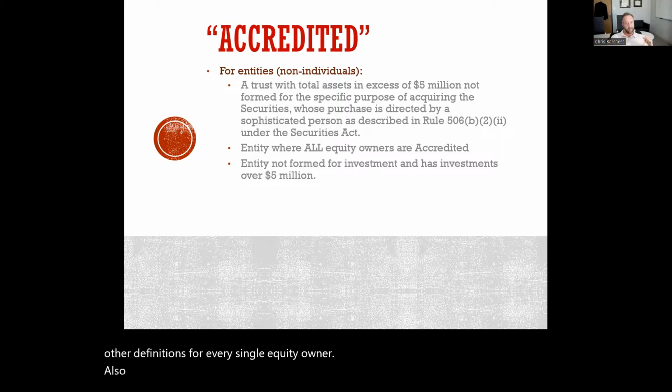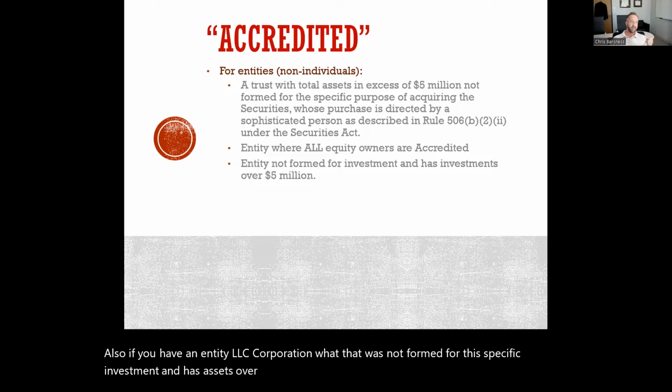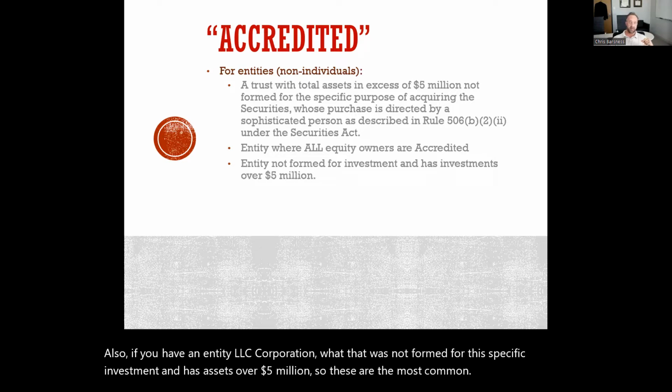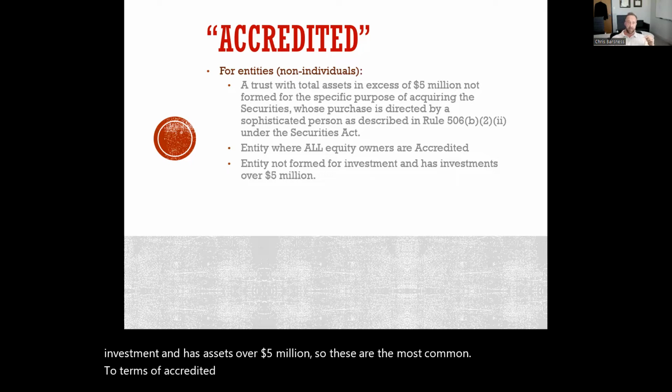Also, if you have an entity, LLC, corporation, what have you, that was not formed for this specific investment and has assets over $5 million. So these are the most common terms of accredited investor, and you can look these up under Rule 501 in Reg D.